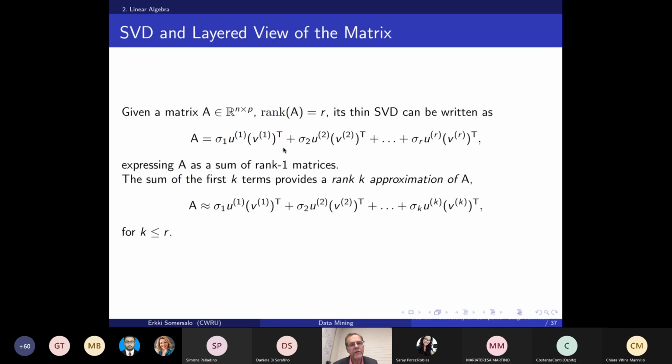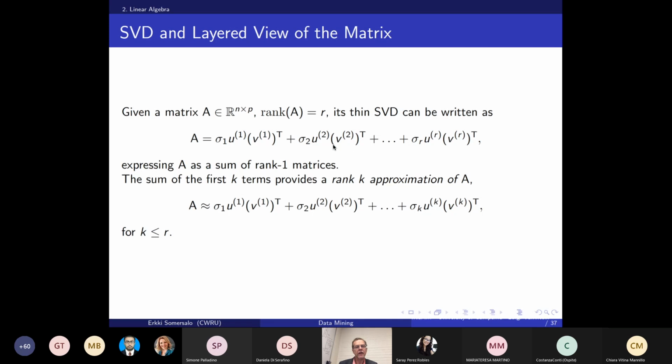And here's another way of writing the thin singular value decomposition. If you write it in terms of the singular vectors, it turns out that you can write your matrix A as a linear combination of rank 1 matrices. Take the first singular vectors U_1 and V_1, form a rank 1 matrix, and multiply by sigma_1.